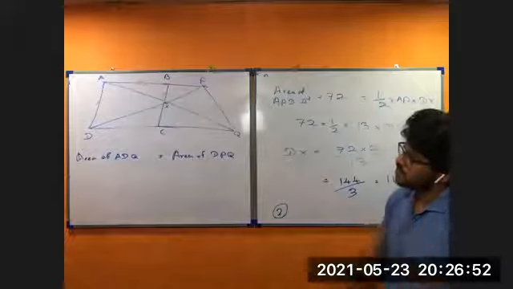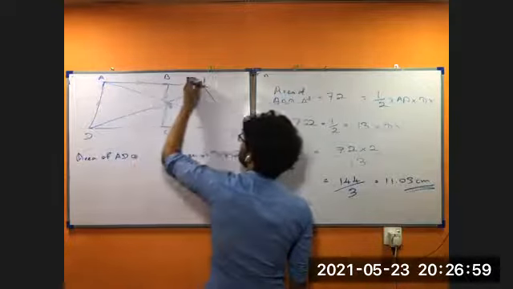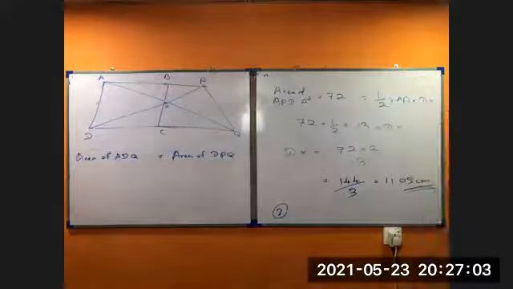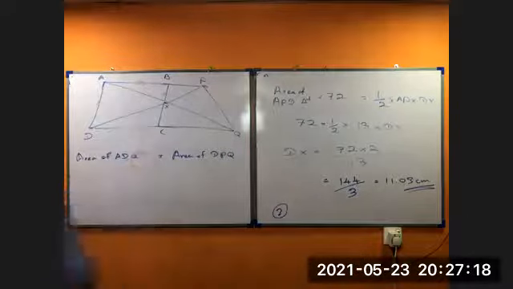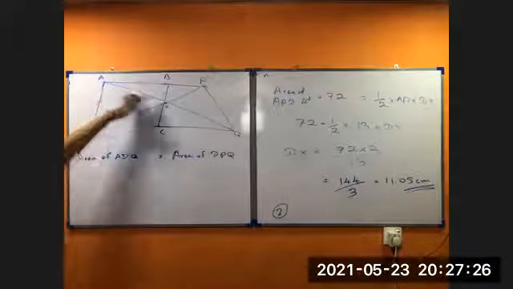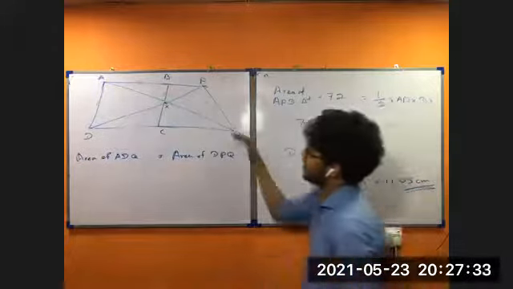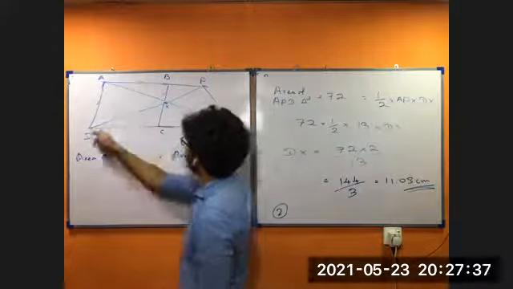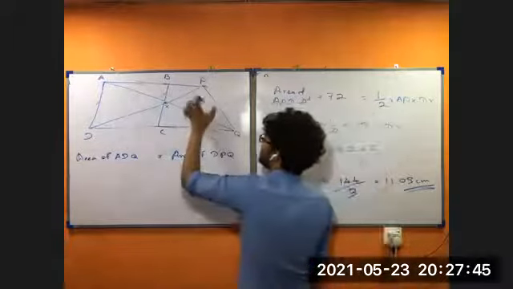So from this triangle, if I try to remove AXD, what is remaining? DXQ, right? And I add this part, right?